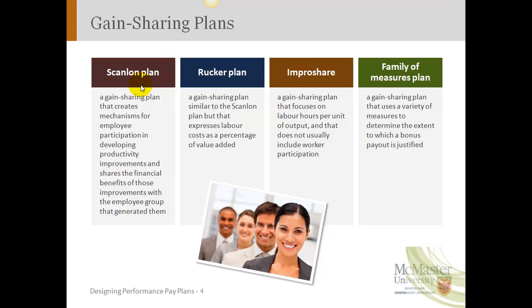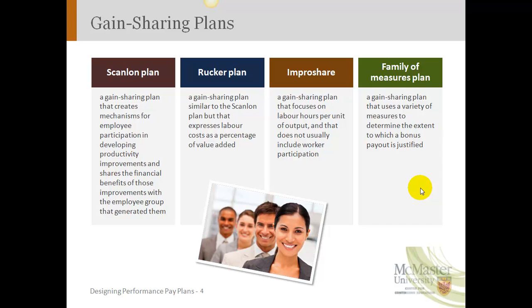Then your last type of gain sharing plan would be what we call a family of measures plan. Really all that is, it's multiple independent measures that are looked at to see whether or not there's been any improvement. So it can be a combo of plans, and it could include things like customer service indicators. So has customer service gone up? It can also look at labor cost savings, as we did with Scanlon and Rucker.